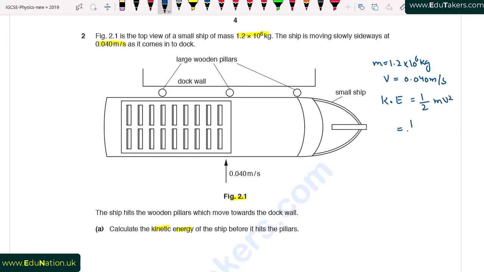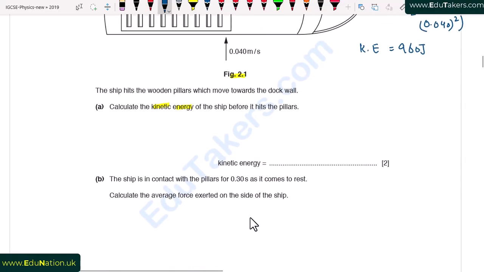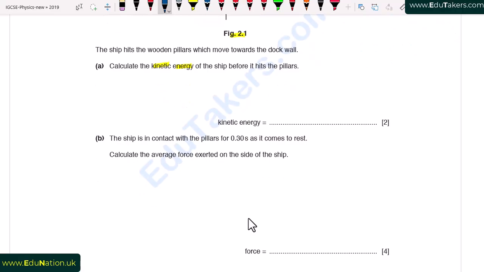By putting values here, it is 1/2 times mass 1.2 × 10^6 multiplied by v, which is 0.040 squared. So kinetic energy comes to be 960 joule. I write here 960 joule. The unit of energy is joule.